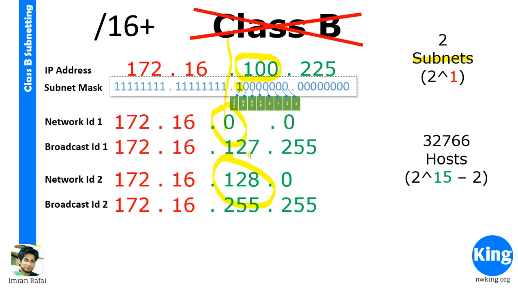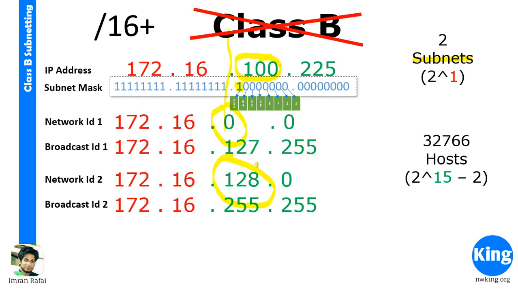So 128.0 minus 1 is 127.255, because 255 is the largest number. And the broadcast ID of the last network, as we always know, is making everything 255. Like the first network ID is 0.0, the last broadcast ID is 255.255. It's very, very simple, isn't it?